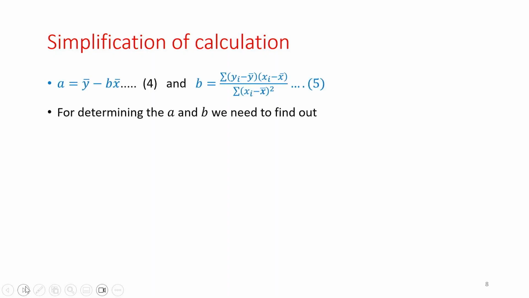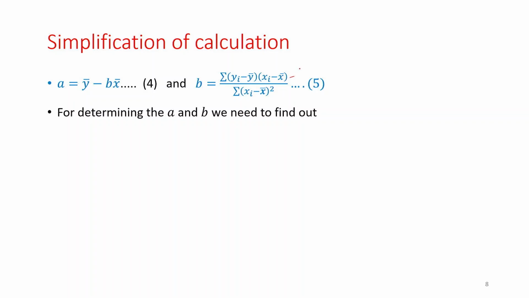Now, for simplification of the calculations, we see the two equations for A and B. For A, I need to know X bar and Y bar. Similarly, for B I need to know the multiplication of this and summation.